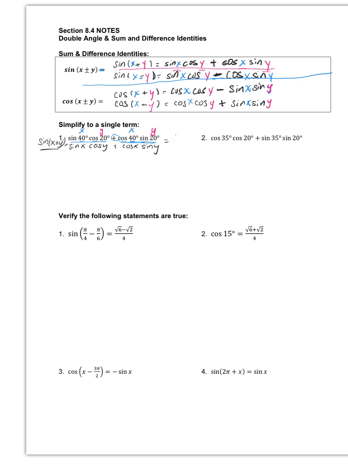In place of x, I'm going to put 40 degrees. In place of y, I'm going to put the 20 degrees. And now what does that equal? That's just sine of 60 degrees. Well, you know sine of 60 degrees is the square root of 3 over 2. I'm getting that straight off my unit circle.